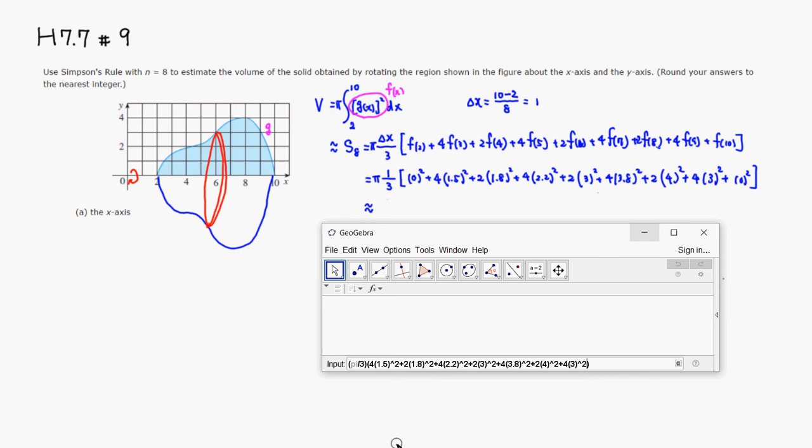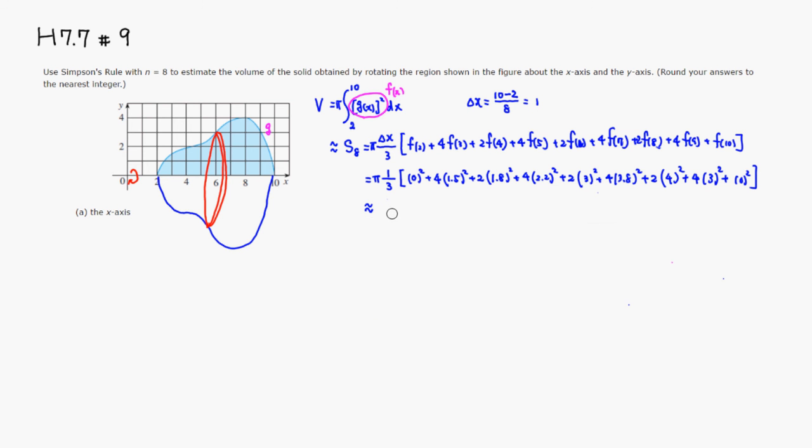Let's compute that, hit enter. It came out to be about 187. So I'll just put that in there.